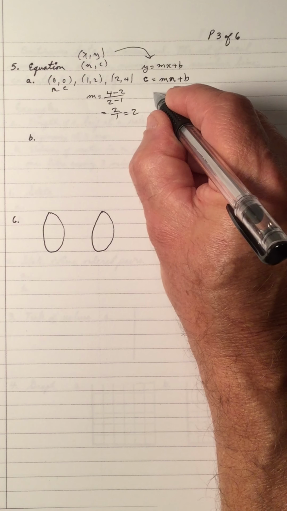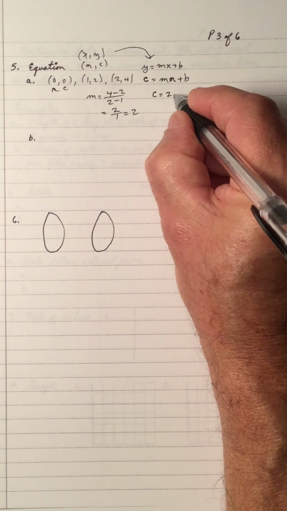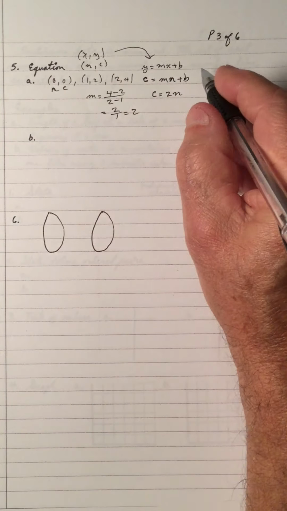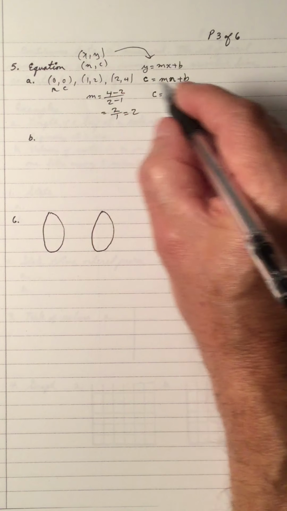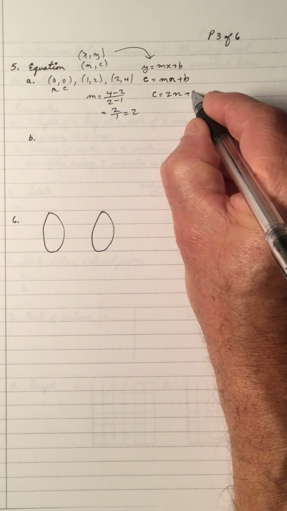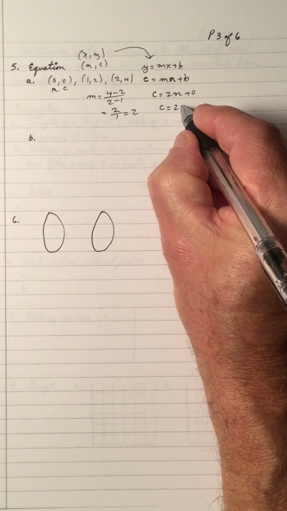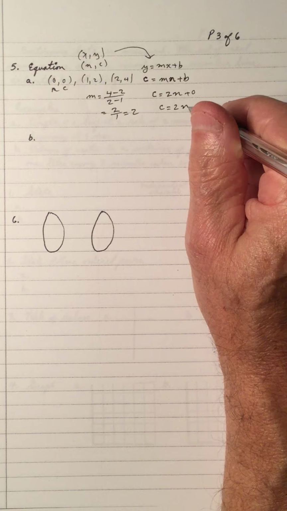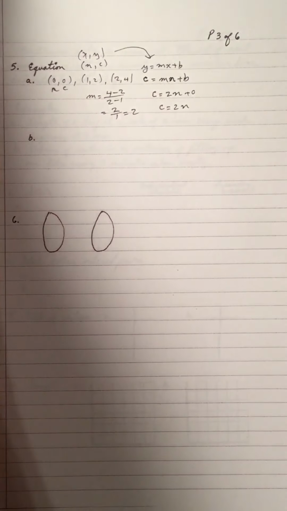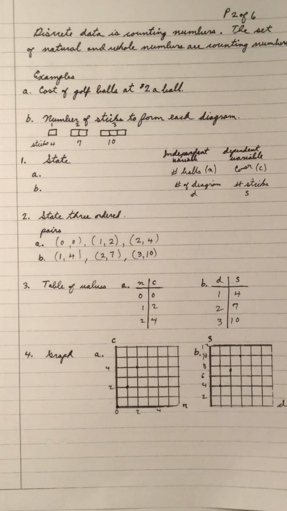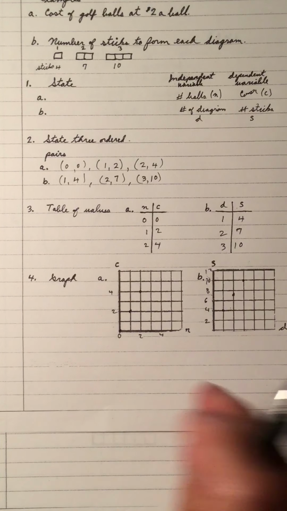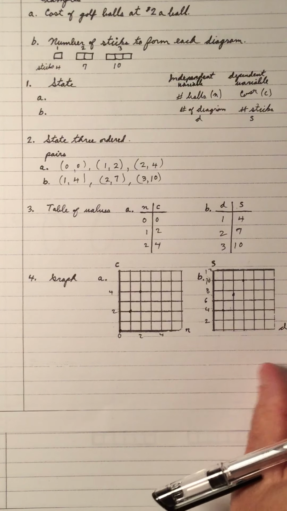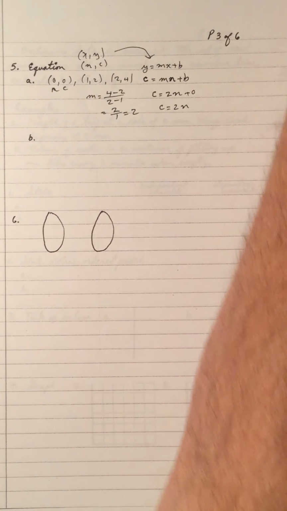So the cost is 2n. And as you can see in the diagram, the y-intercept started at 0. So the equation that represents this relation is c equals 2n, because if you pay no money, if you look back at the diagram, which is this one right here, you notice that it starts off at 0, so the y-intercept is 0. Okay, let's continue.